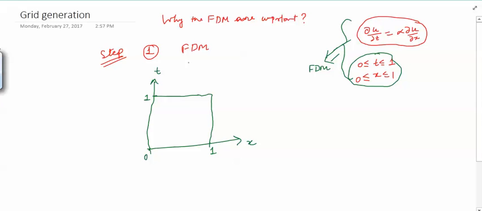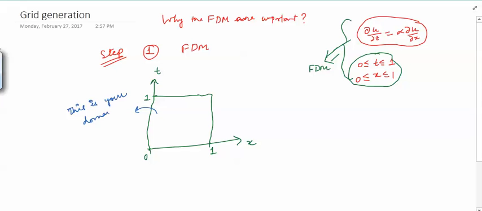So the first step for solving a partial differential equation with the finite difference method is that you have to look at your domain. Having looked at the domain, you have to cover your domain with a mesh.